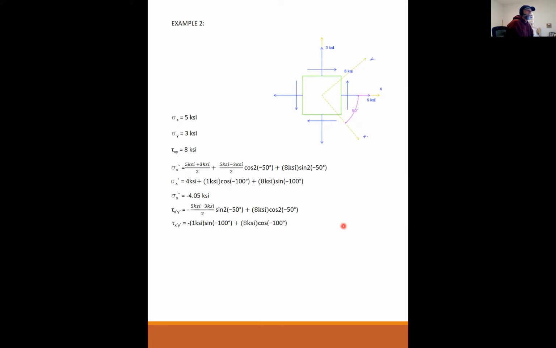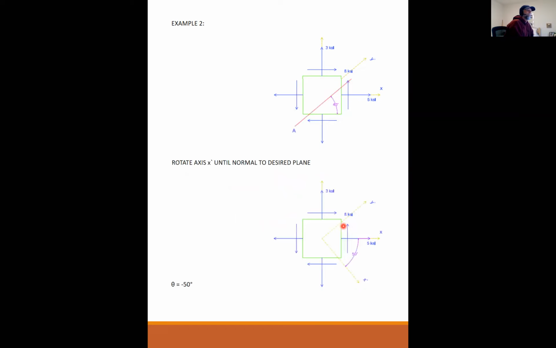So if I go back up to here, hopefully just to drive this point home, my normal stress in this direction was minus 4, and my shear stress in this direction was actually this way at minus 0.4. That's what we found from that example. Actually, minus 4 would be compression. Sorry, that would go that way.